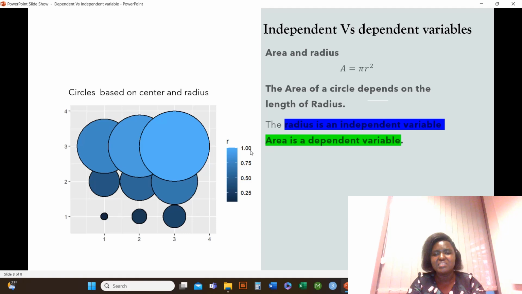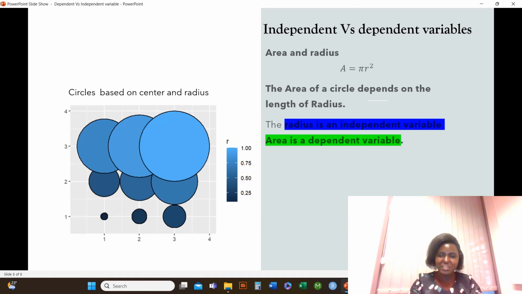If we change the radius, the size or the area of the circle will automatically change. Lowering the length of the radius will lower the size of the circle. So in this scenario, the area is a dependent variable and the radius is an independent variable.